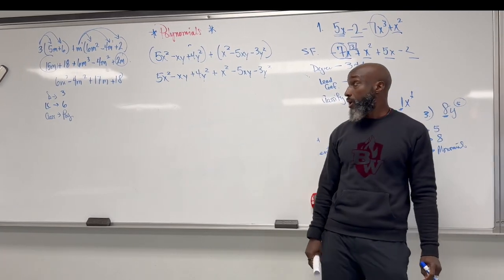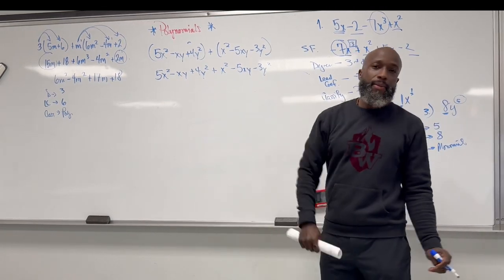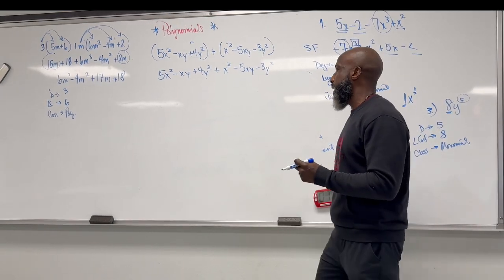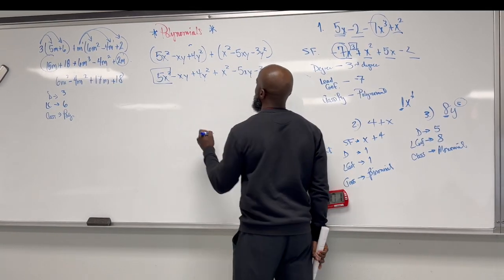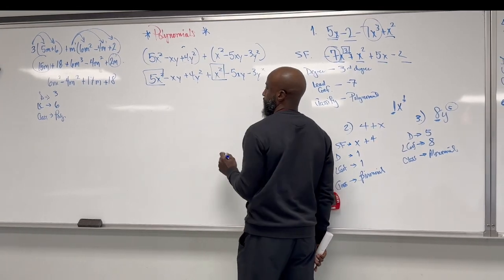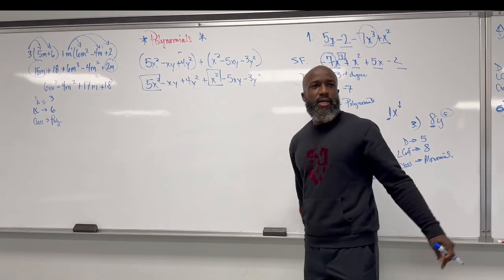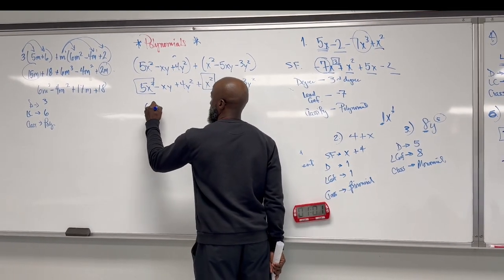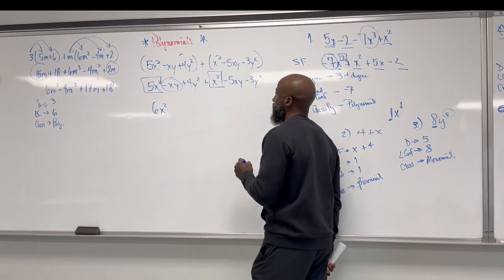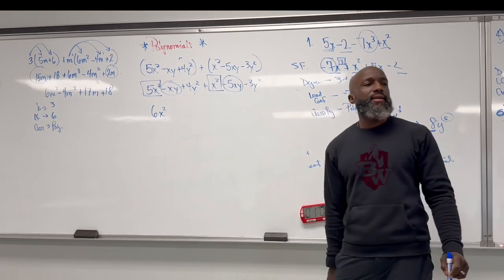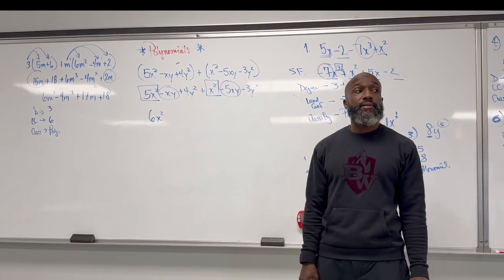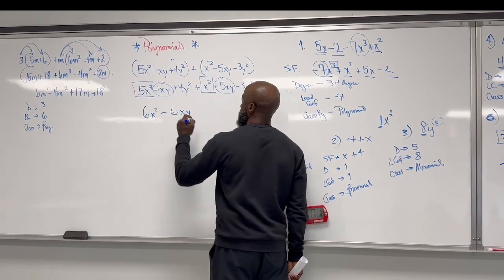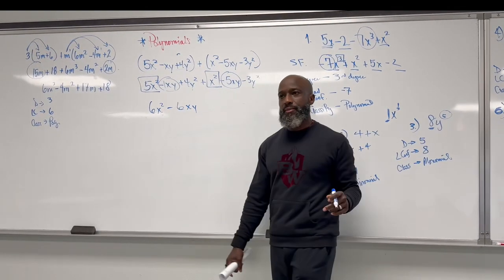Now we have this whole problem here. Now we're going to combine the like terms. We see x squared. We got 1x squared here, and we got 1x squared here, right? So that's 5x squared plus x squared. What's that? 6x squared. We have negative xy minus 5xy. Negative 6xy. Y'all agree? Same sign, they're both negative, you add and keep the negative sign.